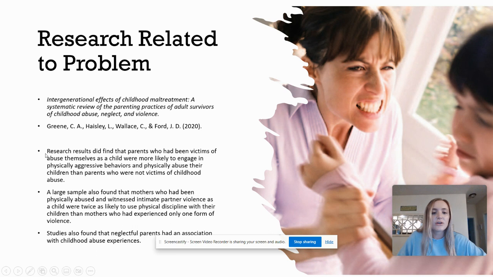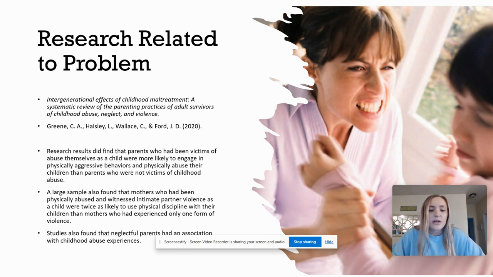So, in this research article, research results did find that parents who had been victims of abuse themselves as a child were more likely to engage in physically aggressive behaviors and physically abuse their children than parents who were not victims of childhood abuse.